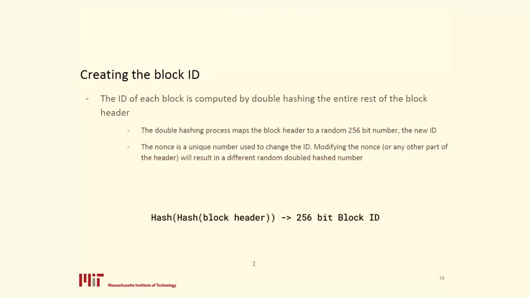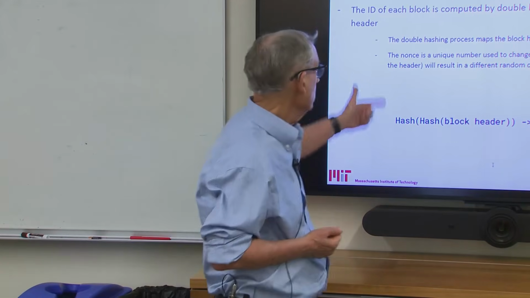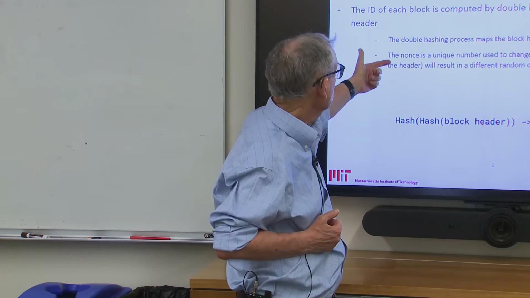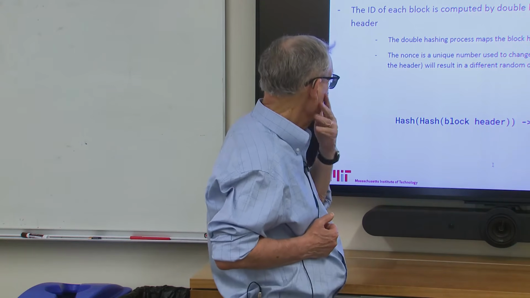So where's the nonce? This hashing, actually double hashing, you take the block header and you hash it up twice. And you end up with a 256-bit block ID. And the nonce is one of the objects in the block header.